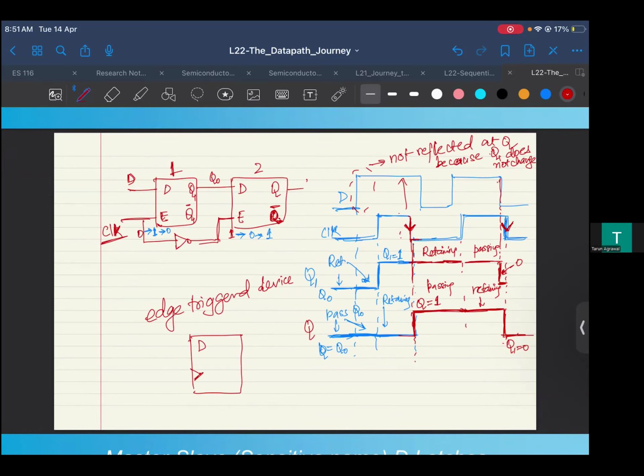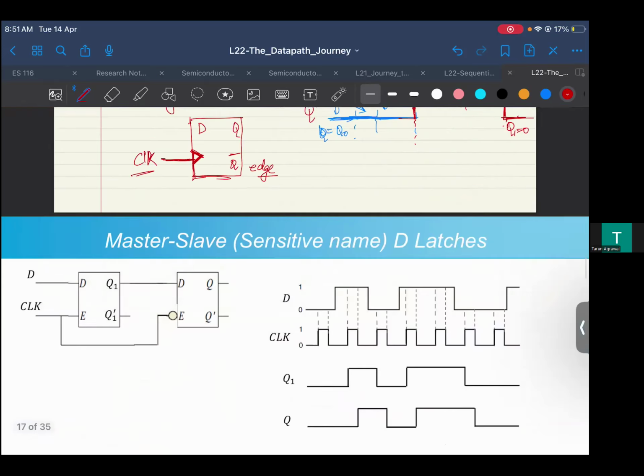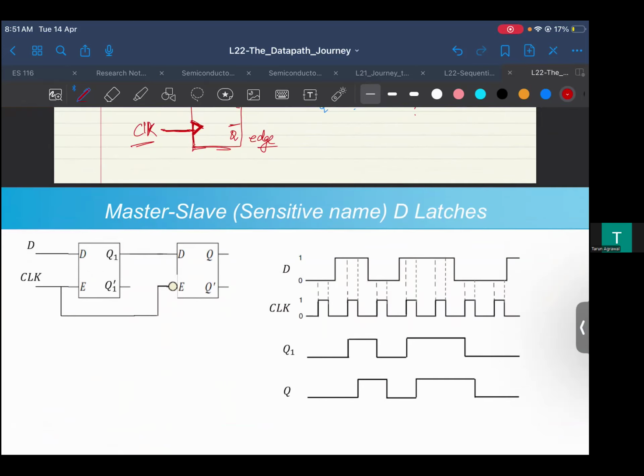So rather than the enable, we just draw a triangle, so that this differentiates a latch from a flip-flop. So when you draw this kind of thing, one knows you are talking about edge triggered devices, which trigger only at the edge, right?